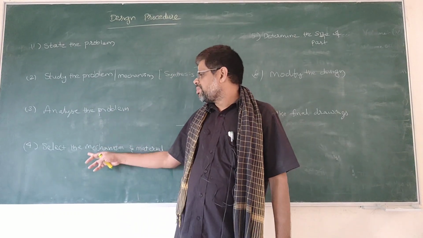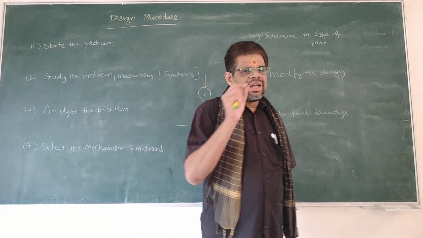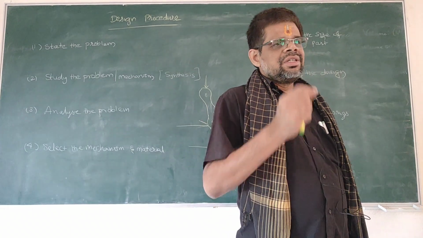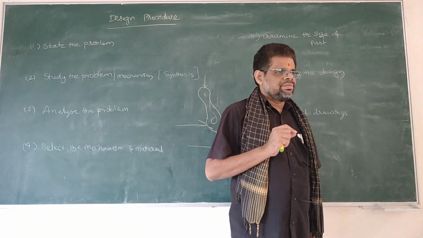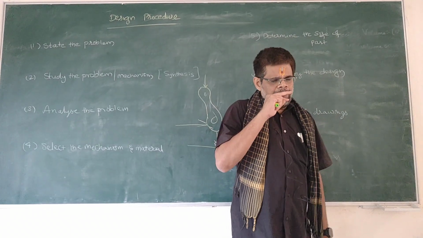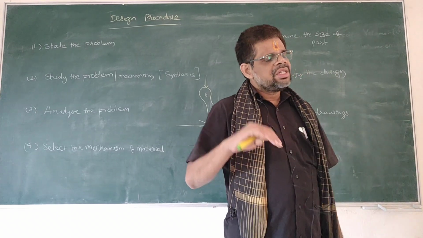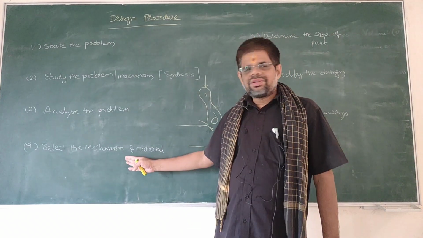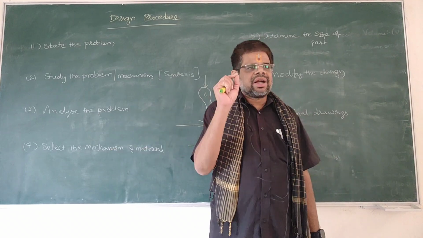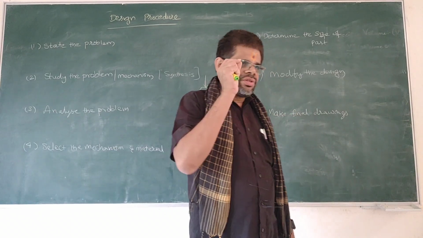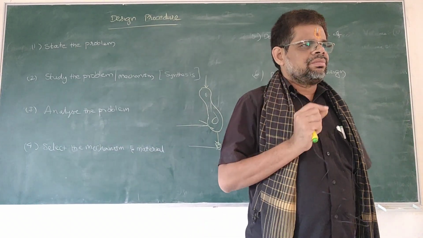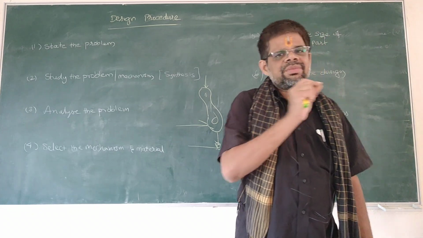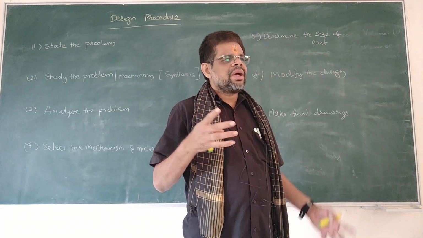And also the mechanism. The existing mechanism is faulty, so you have to modify it, or change it completely. You have to select a proper mechanism, once again without impairing the basic function. The basic function should not be disturbed, but the mechanism has to be changed.